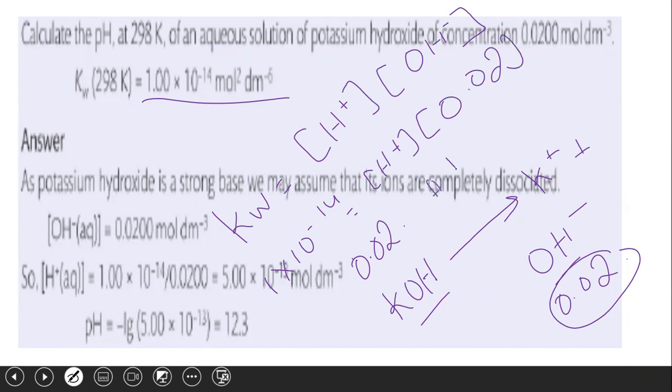So you calculate the concentration of hydrogen ions, that will come as 5 into 10 raised to power negative 13. And then you can use the formula pH equals minus log of the concentration that you've just calculated, and you will end up getting your pH as 12.3. So this is how you can calculate the pH of an alkali.